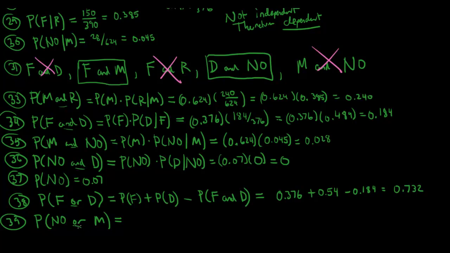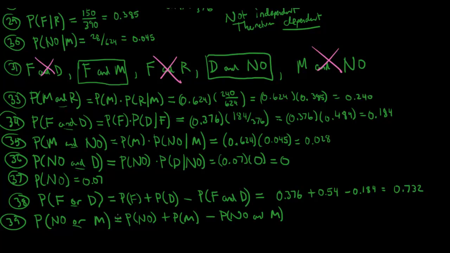Make sure to really pay attention to where it says and versus or. Because remember, we have two different methods to calculate probabilities. So here, the method is probability of no opinion plus the probability of male minus the probability of no and male.